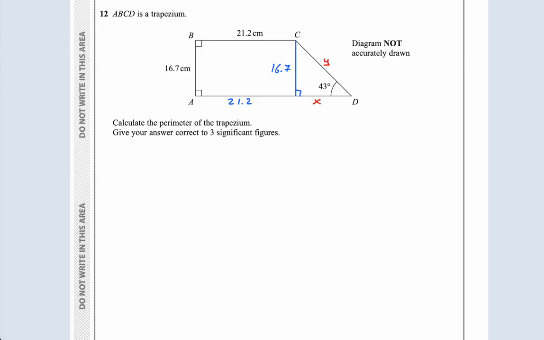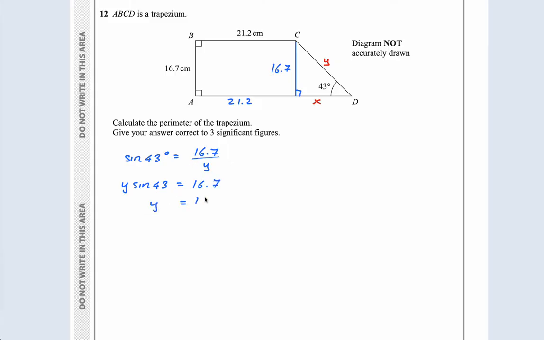So to get y, I'm going to use SOHCAHTOA. So it is opposite over hypotenuse. I'm going to say sine of 43 degrees is equal to opposite, 16.7, over hypotenuse, which is y. Multiply across: y sine 43 equals 16.7, and divide by sine.